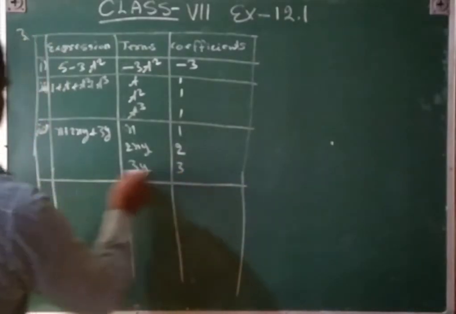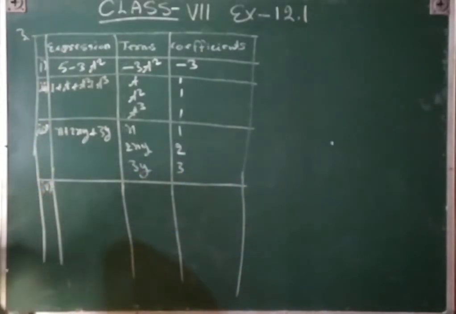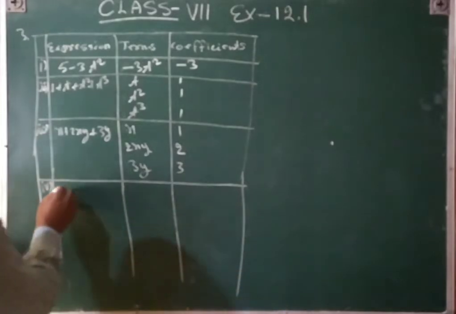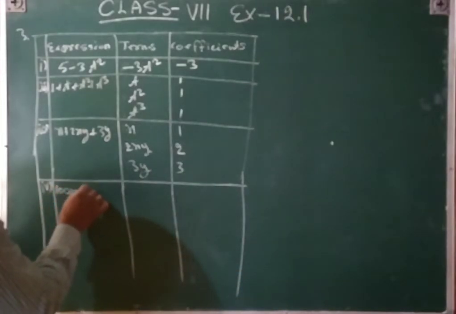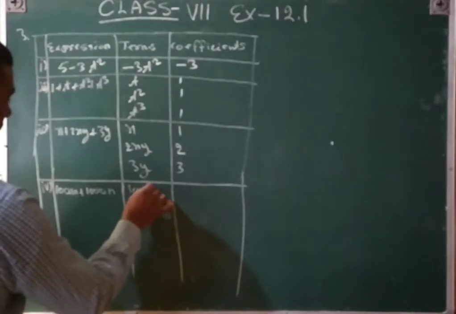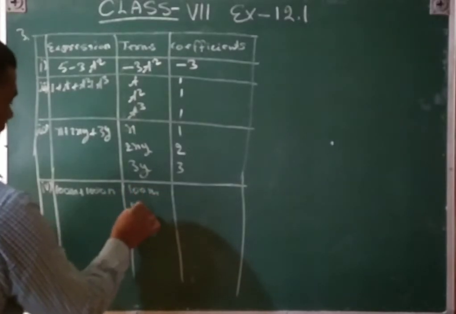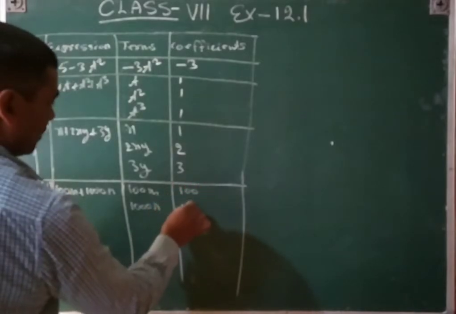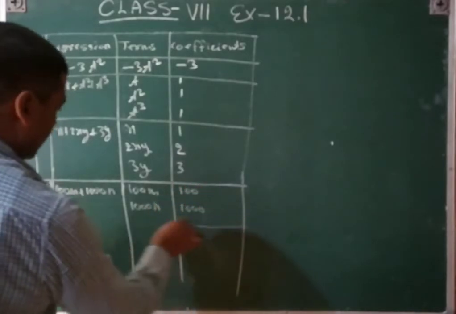And then the next fourth part is 100m plus 1000n. So that is 100m, and the next term is 1000n. So here is 100, here will become 1000.